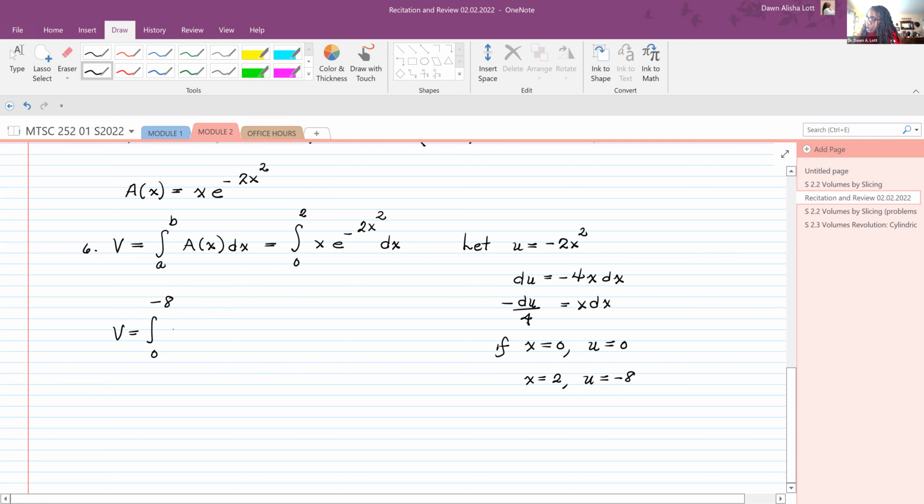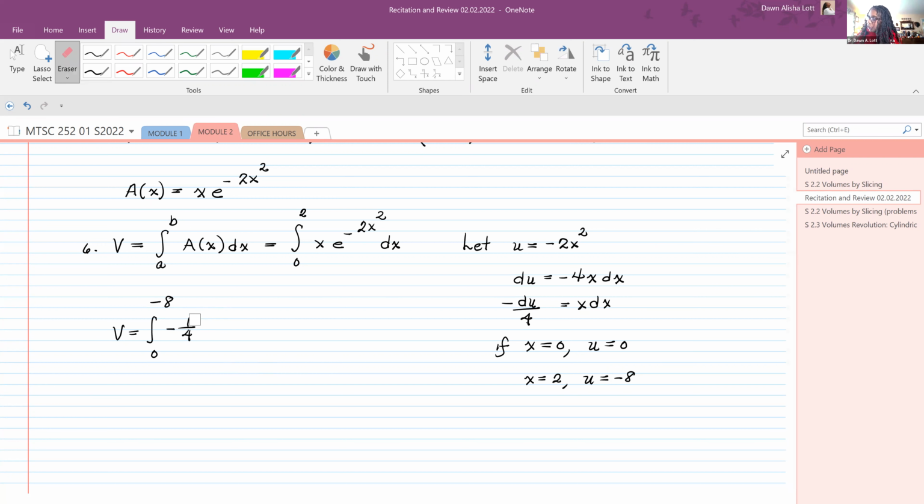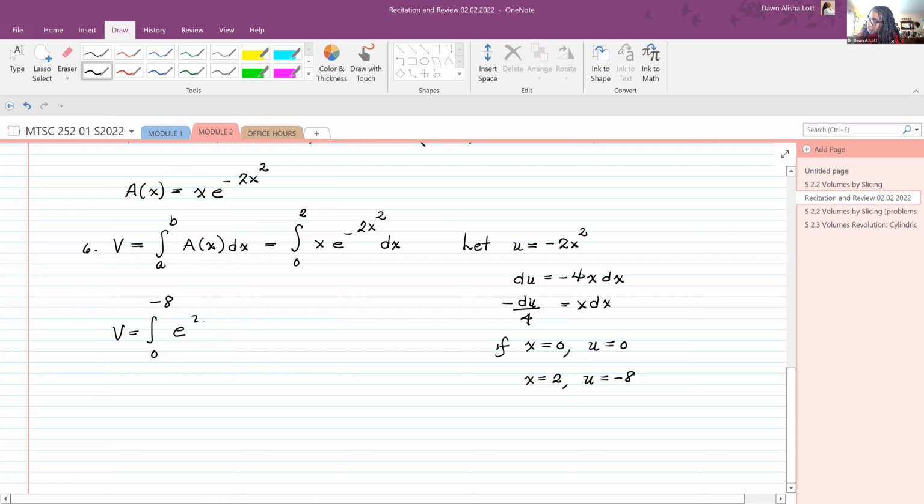x dx becomes negative 1 over 4 du. And so e to the u, because that whole thing is u. So I have e to the u, and then I have negative 1 over 4 du.